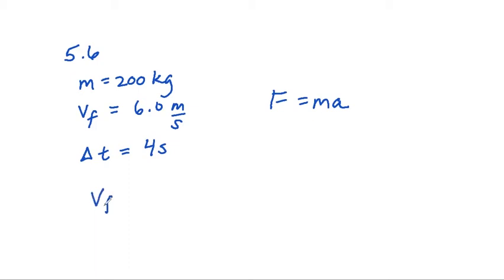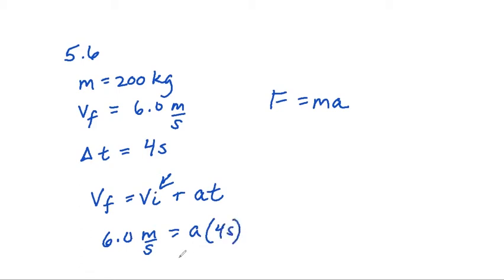So V final equals V initial plus acceleration times time. This guy was 0, a dead stop, so we've got 6.0 meters per second equals A times 4 seconds. So A is going to be equal to 6.0 meters per second divided by 4 seconds.